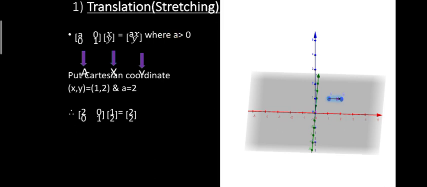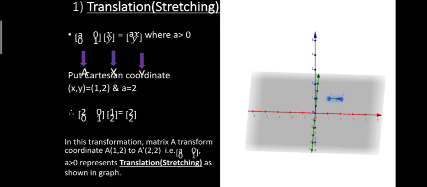Now after multiplication it gives x y converted to a x y. Now suppose we put x comma y equal to 1 2 and a equal to 2. Therefore the matrix will be 2 0 0 1 times 1 2 which gives 2 2.